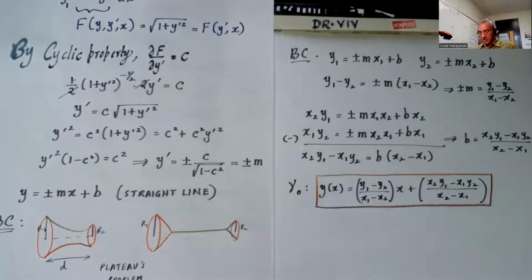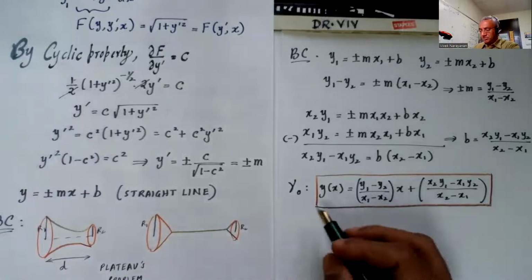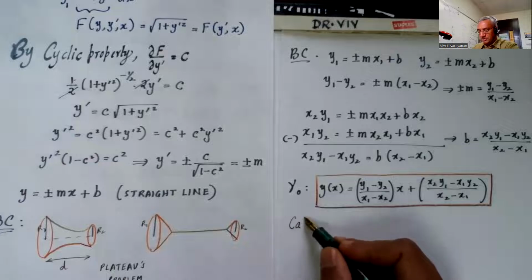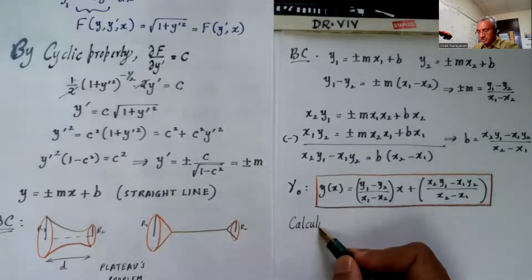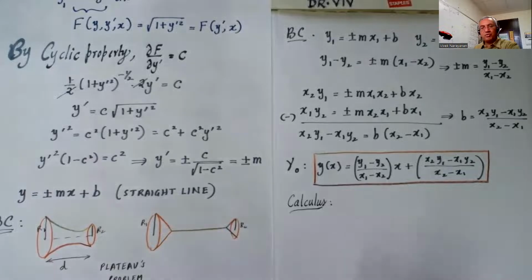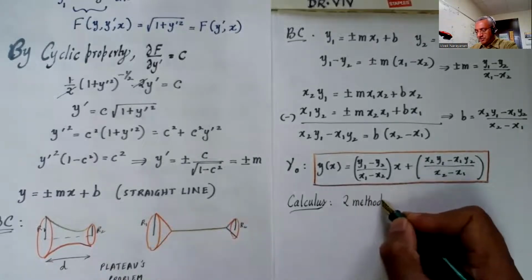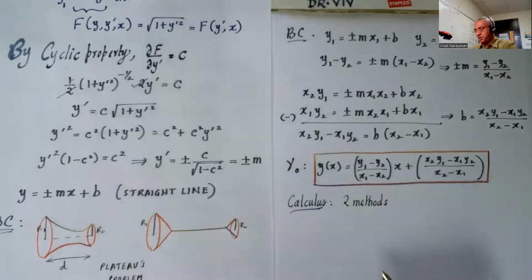Now, I want to talk a little bit about proving that something is a minimum. Let me just do a little analogy here. In traditional calculus, you have two methods to prove that a given extremum is either a maximum or a minimum.